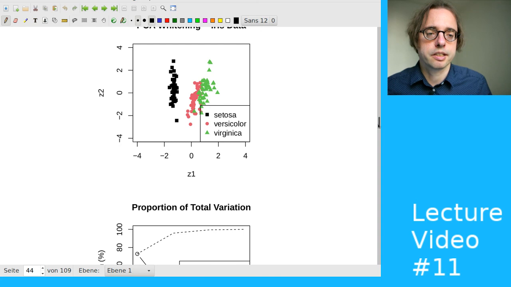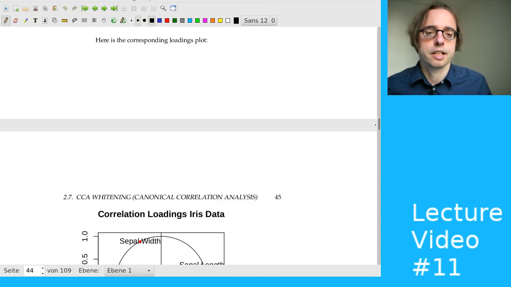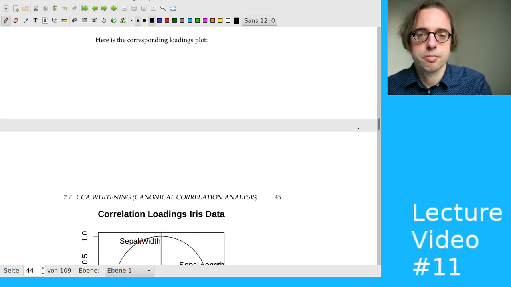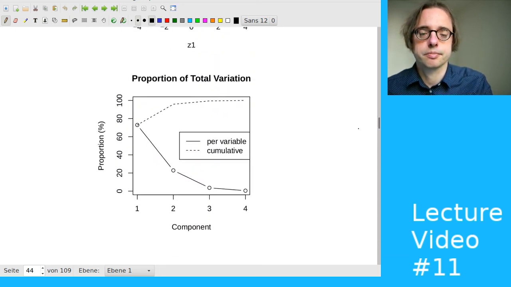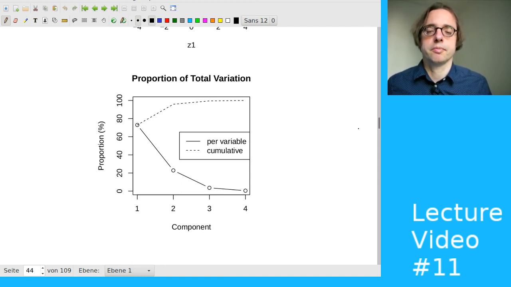The last thing I would like to show is this plot here. In PCA you have variances, and because the variables are independent, the variances of the individual variables also sum up to the total variation, just like in a regression when you have uncorrelated predictors.